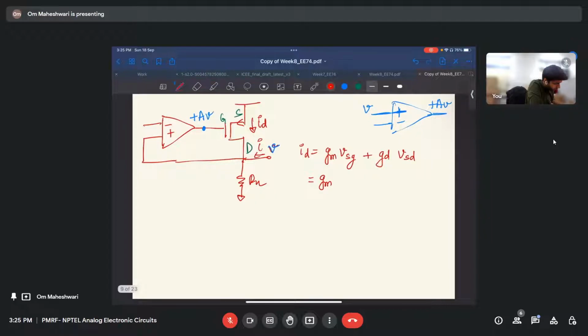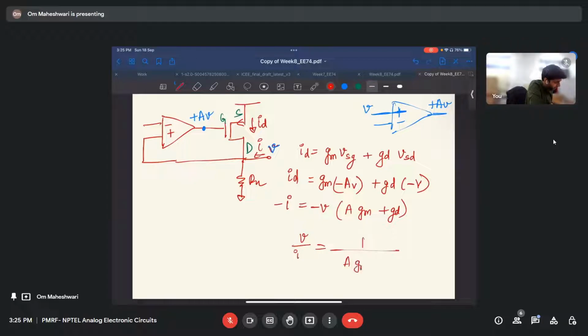So GM it will be minus AV plus GD minus V. Minus I equals V AGM plus GD, so V by I is 1 by (AGM plus GD), which is Z out.